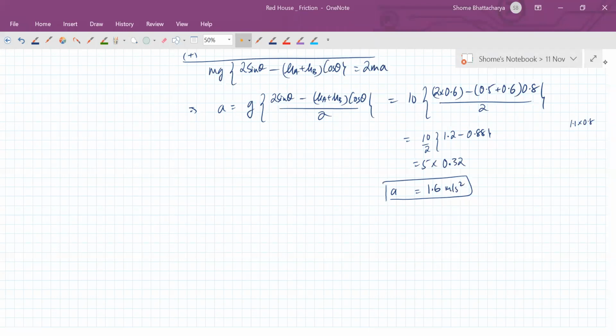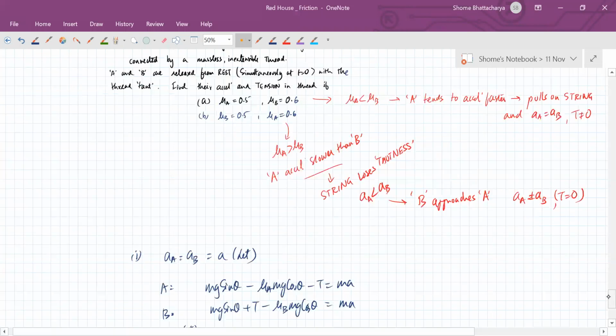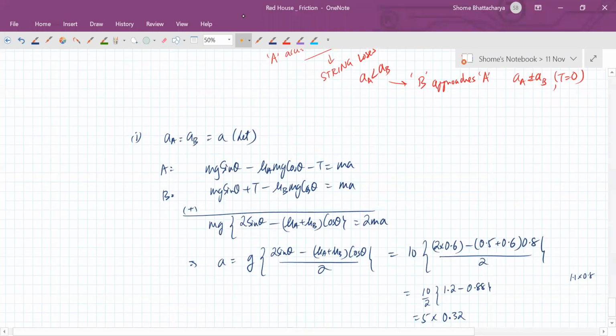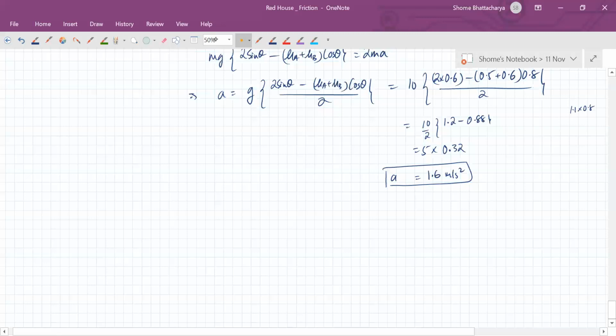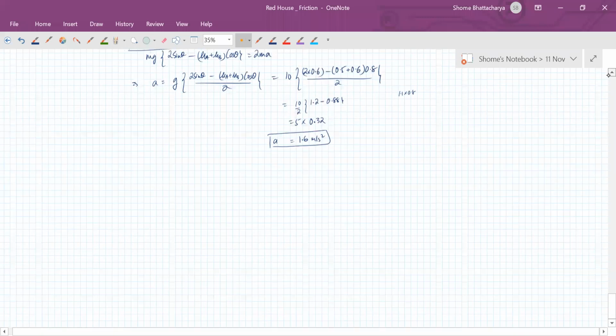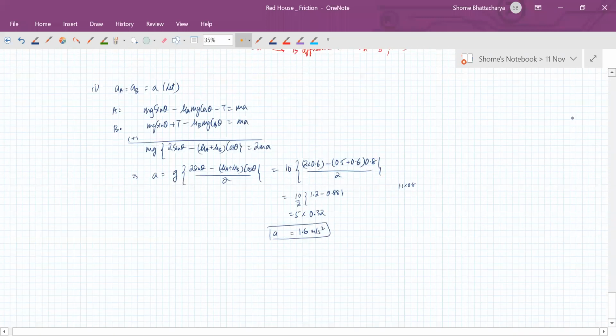This is what is happening in the first case. First thing you have to understand: in this case they will have common acceleration, and therefore there will be tension in the string, when A is moving slower than B. That is coming from this condition.